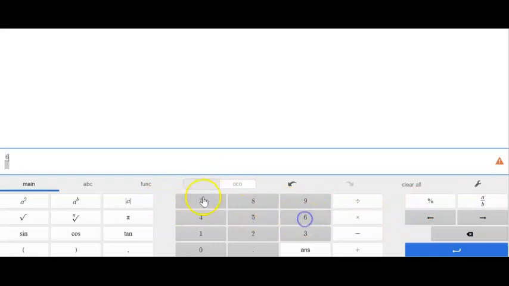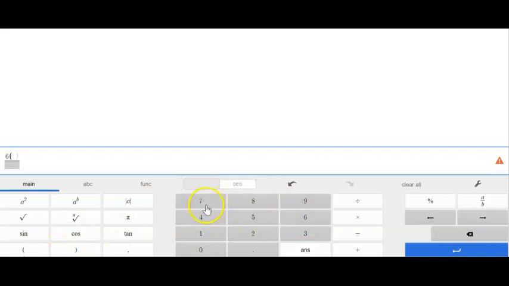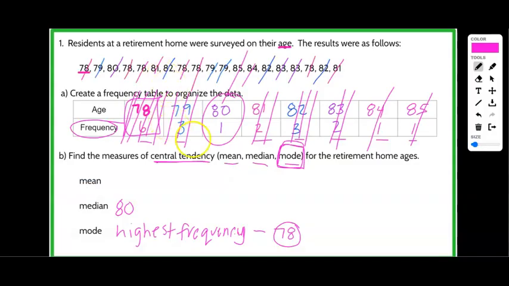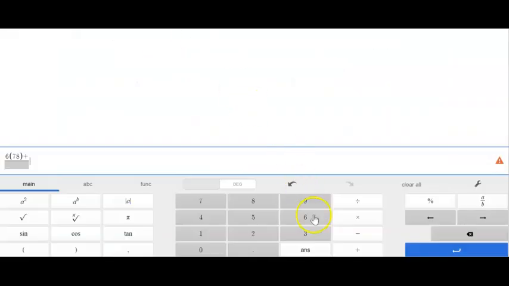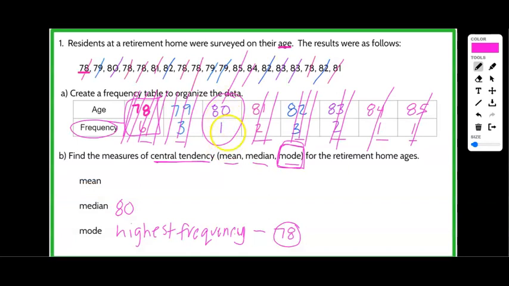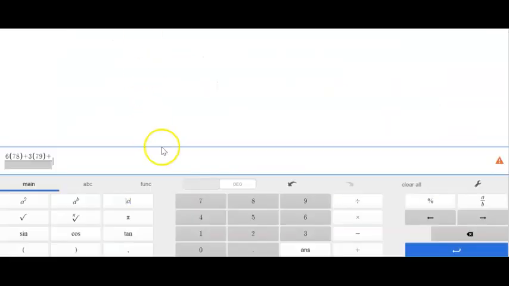So I had 6 78s. I'm going to put 6 times 78 because I know I have 6 of them. And then I'm going to add to that 3 of my 79s. And then I'm going to add to that 180 and 2 81s.